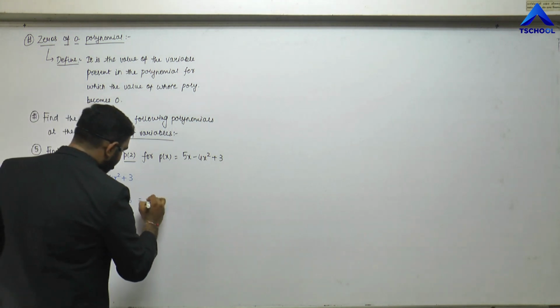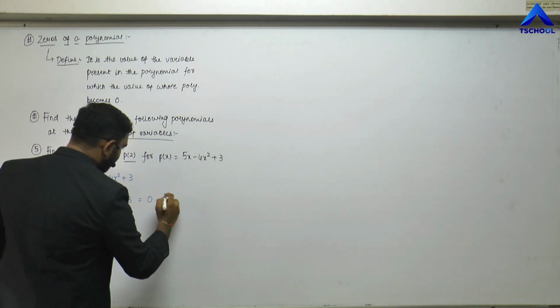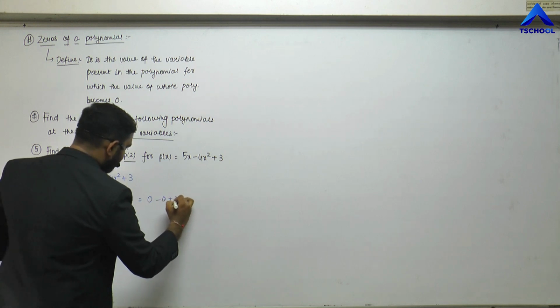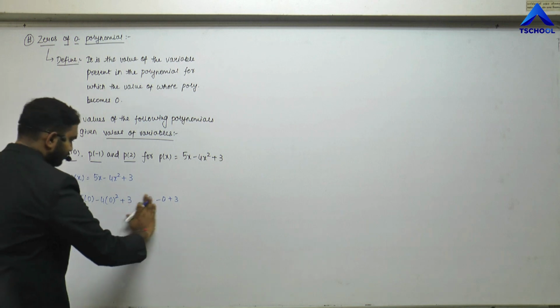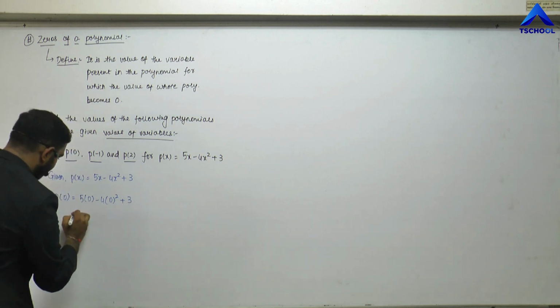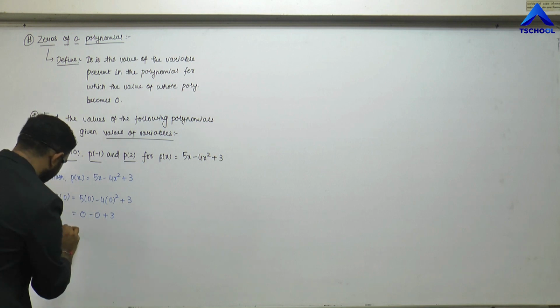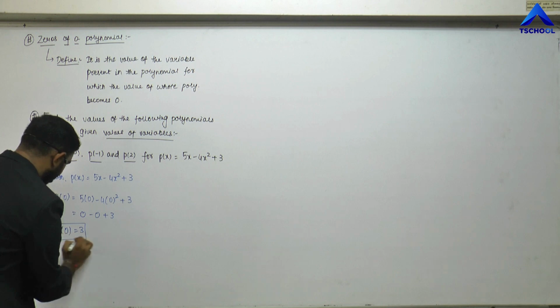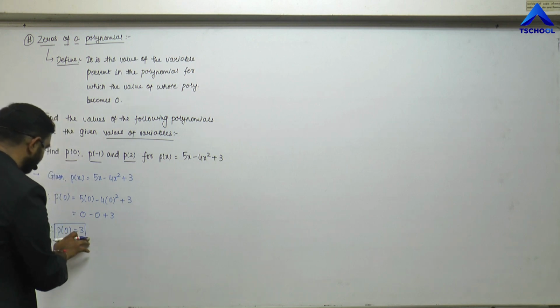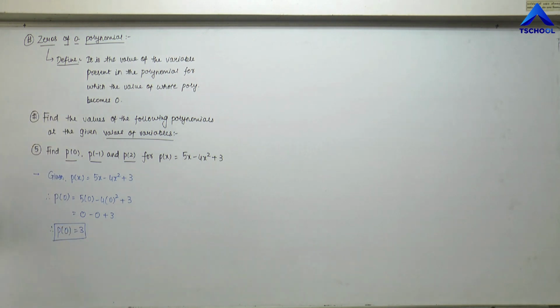That is 5 into 0 is 0, minus 4 into 0 is again 0, plus 3, which is 0 minus 0 plus 3, and hence P of 0 is equal to 3. So that is the value of P of 0.